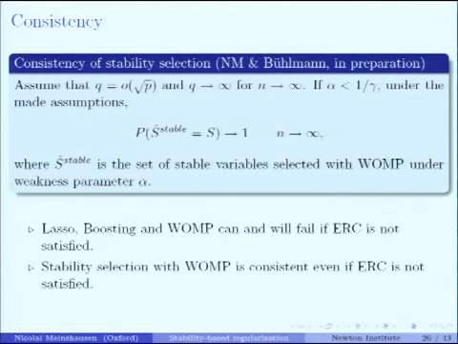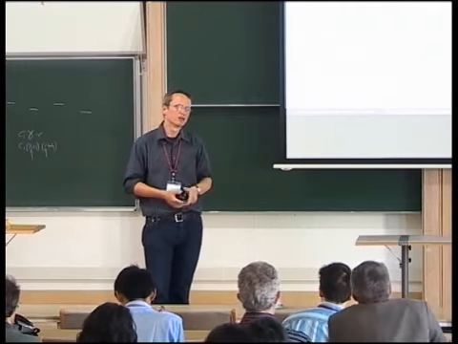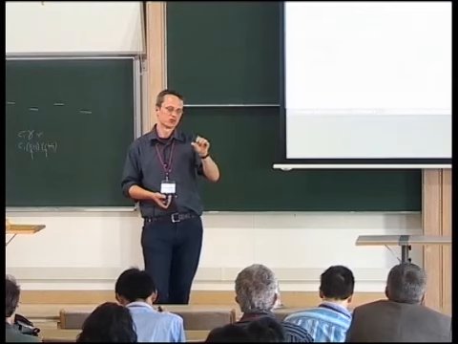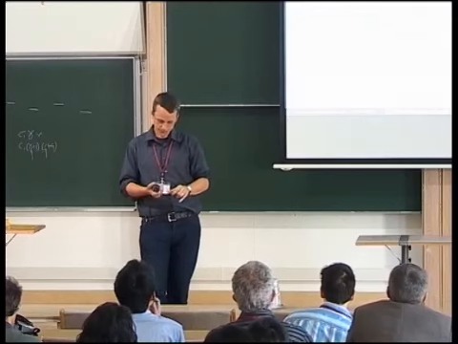So it means just looking at the probability, what I called this morning the selection probability, how often is the variable going to be selected if I do it under a bootstrap sample, is going to succeed in settings where all the other methods are going to fail.